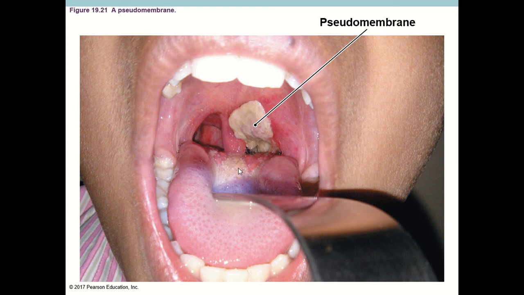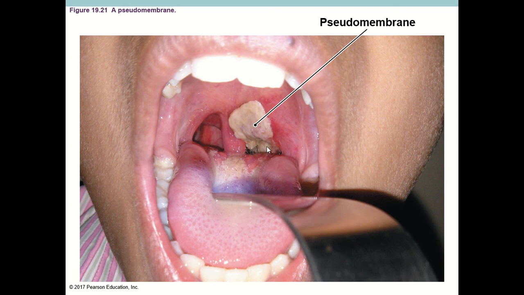So treatment of it will take administration of antitoxins that are going to inhibit the toxin of the bacteria. In extreme cases, which are pretty rare, if there is the blockage of the airways here, then surgical removal of the pseudomembrane and opening of the airways is going to be required.